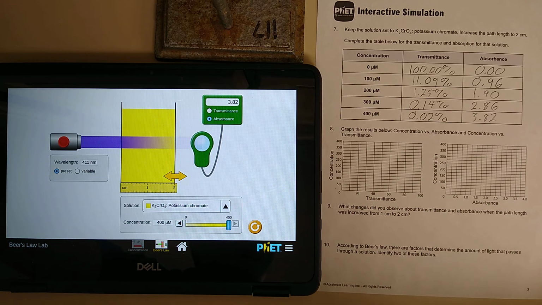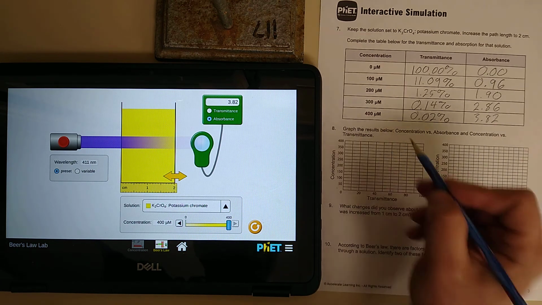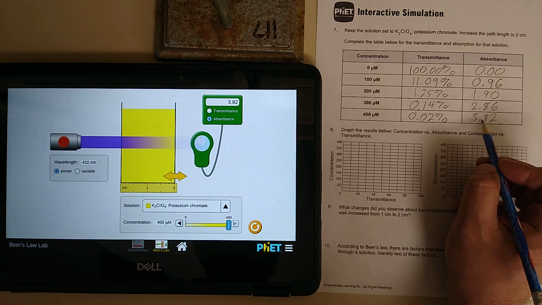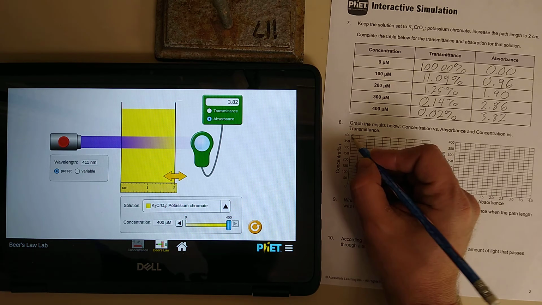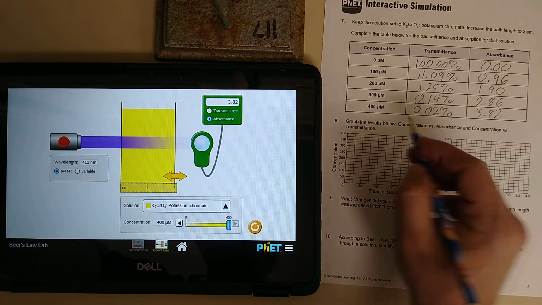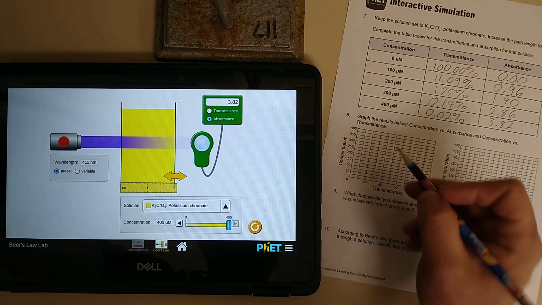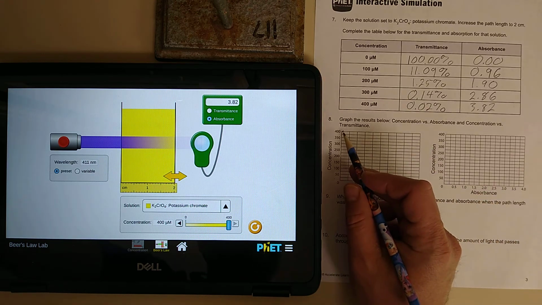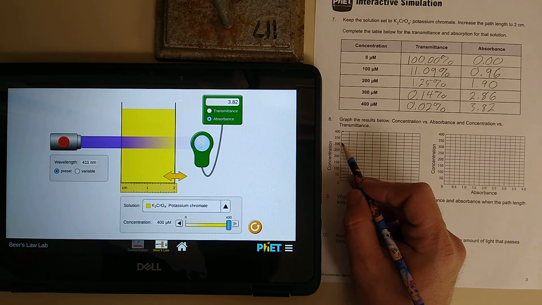Okay, so here we see concentration of 400, transmittance of 0.02. That's way back over here. All right, concentration of 300. When we drop that down, it's 0.14.